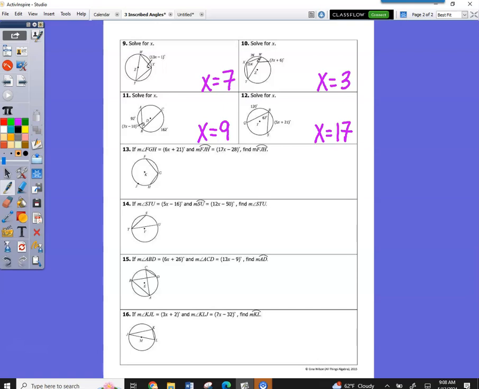Since it's solve for x and then plug it in, I'm not going to write what x is because that would take away the plug it in part. I'm just going to write the final answer. So you have to get x equals, then you have to plug it in. Your final answer is over here.